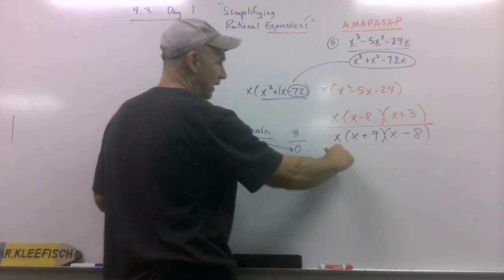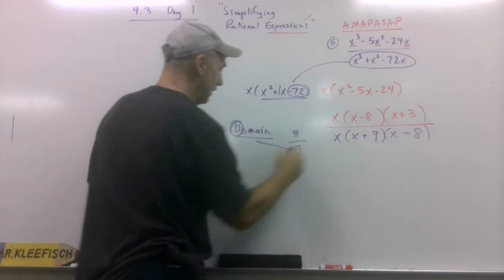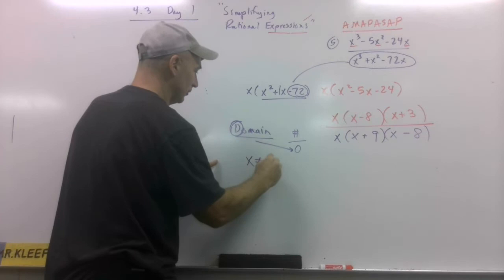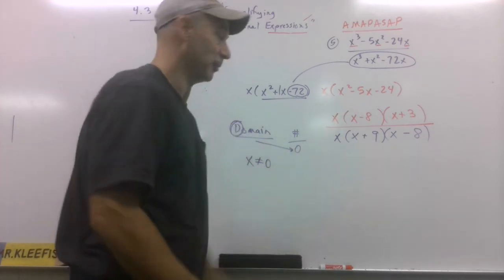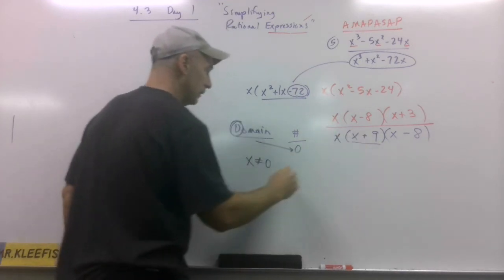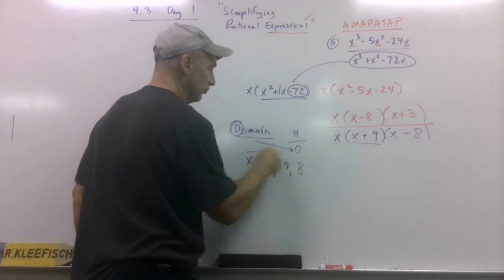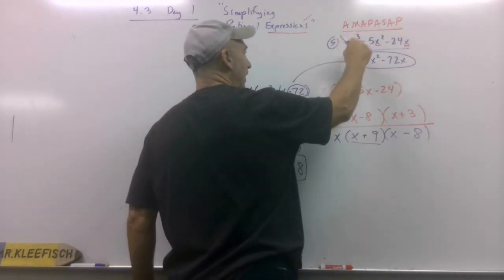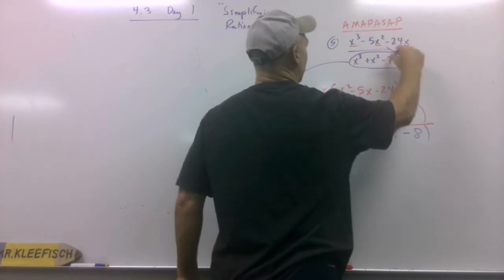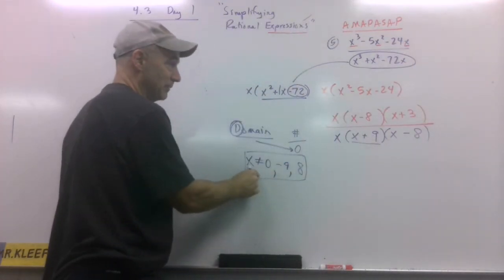So what value for x would cause that whole denominator to be 0 in that spot? 0. So x can't equal 0. Now we're not going to graph these, no asymptotes. Kind of done with that for a bit. How about this one? Negative 9. How about this one? 8. So here's your domain of this expression, but you can't tell what the domain is from here. You have to factor it first, and then it can jump out at you. So keep that in mind.